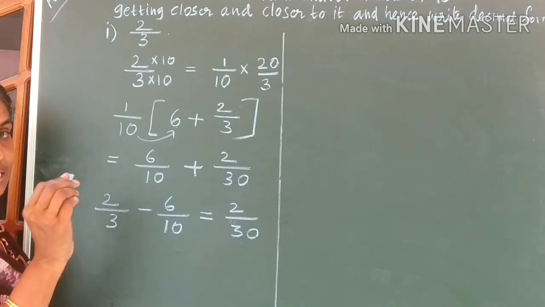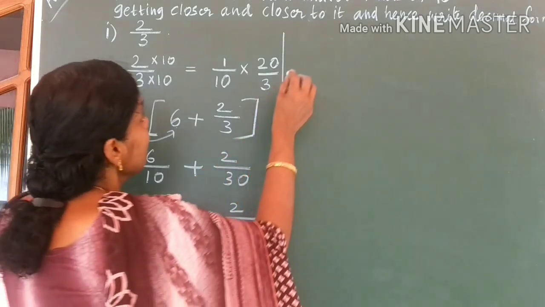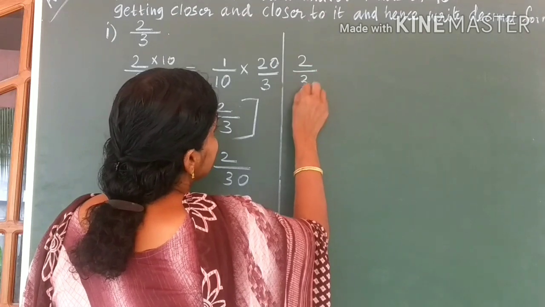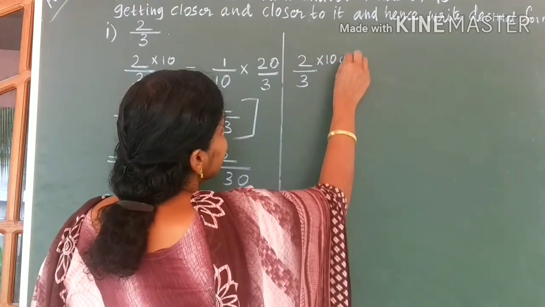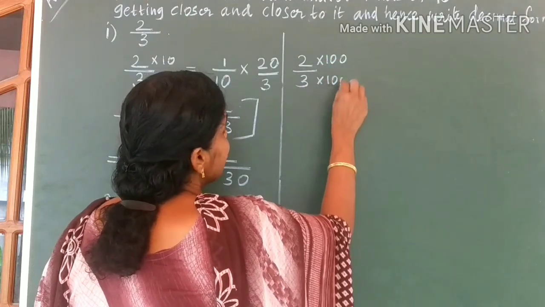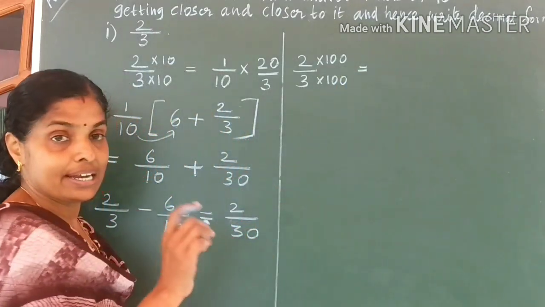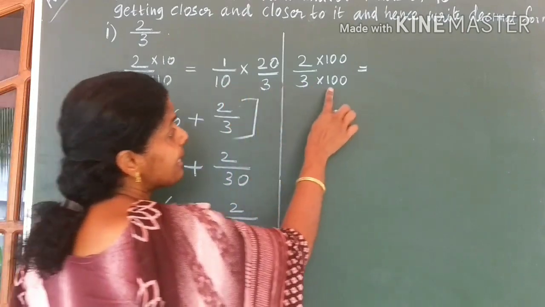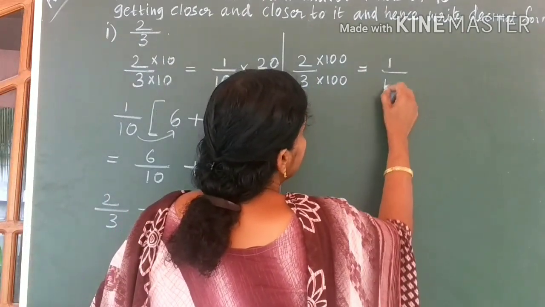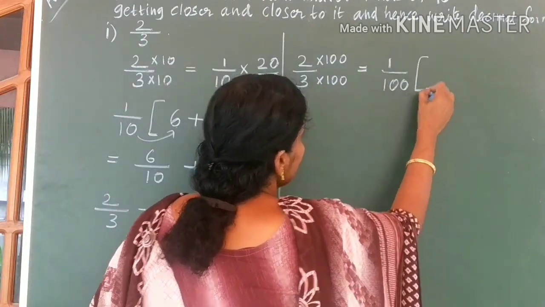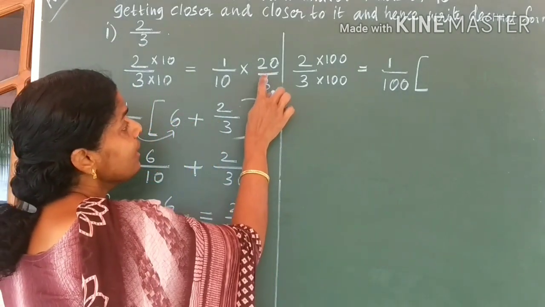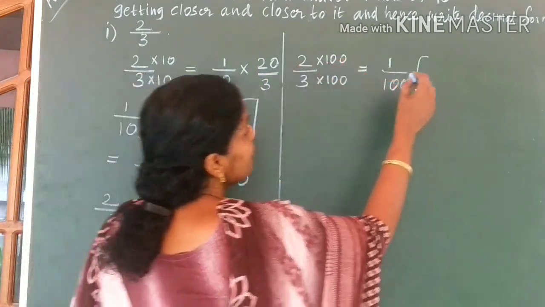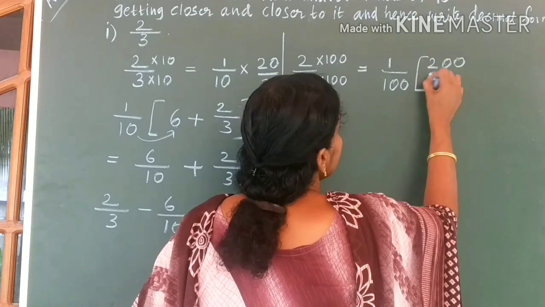Okay, see how I am going to write. We can write 2 by 3 into 100 in the numerator into 100 in the denominator. As you wrote 1 by 10, we can write this as 1 by 100. So within bracket, what do you get? You get 2 into 100, 200.